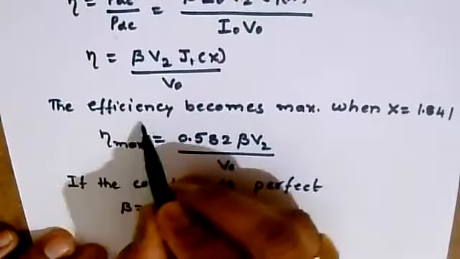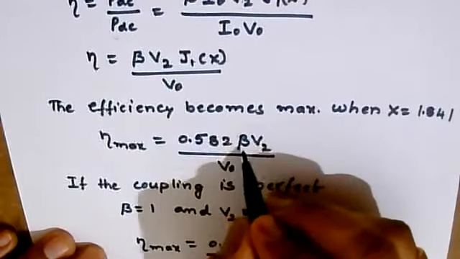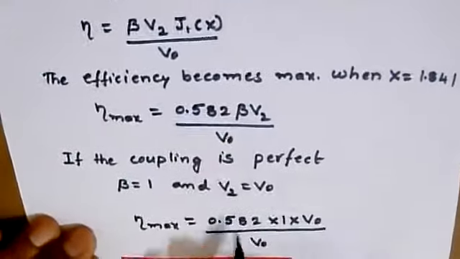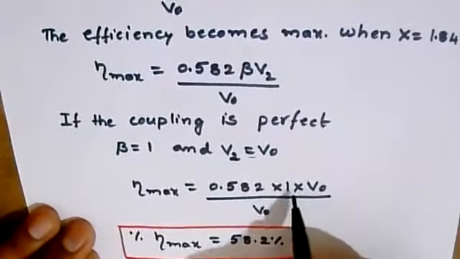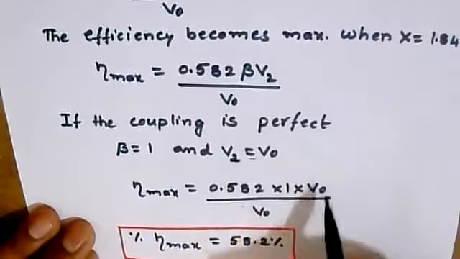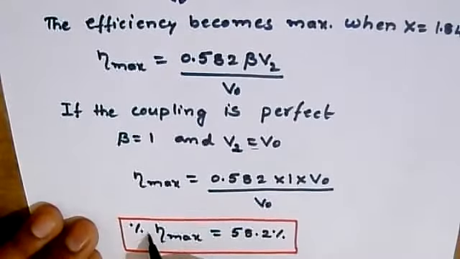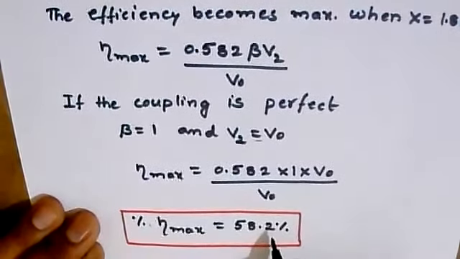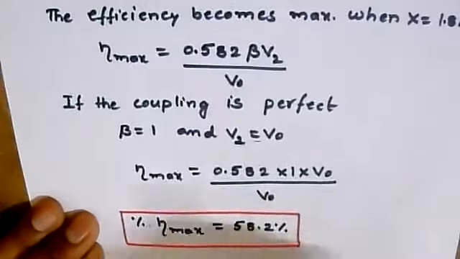Once we substitute beta equal to 1 and V2 equal to V naught, V naught will cancel out. Then the efficiency in terms of percentage is recorded as 58.2%.